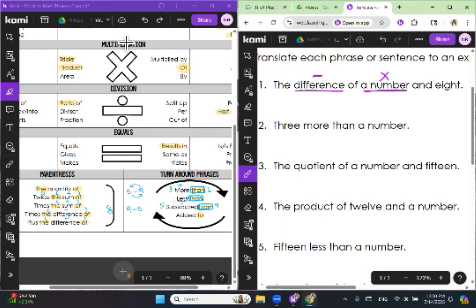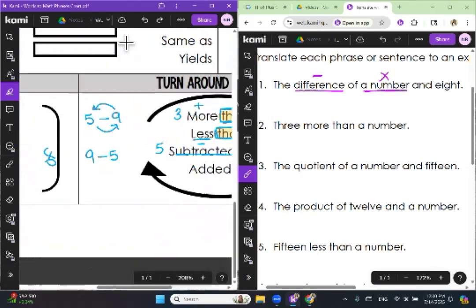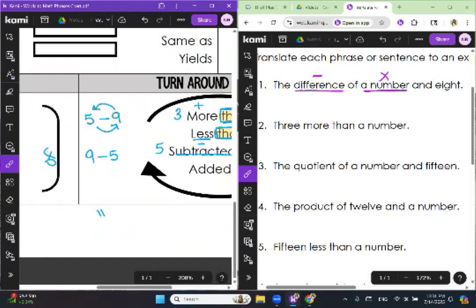And that is something I forgot to write down, so let's write that down over here. When you see the phrase a number, and we don't know what that number is, that's because they want you to put a variable in its place. You can put X, Y, Z, any letter, honestly, but X is the one we typically use, okay?